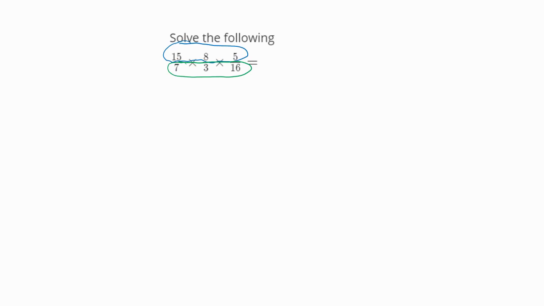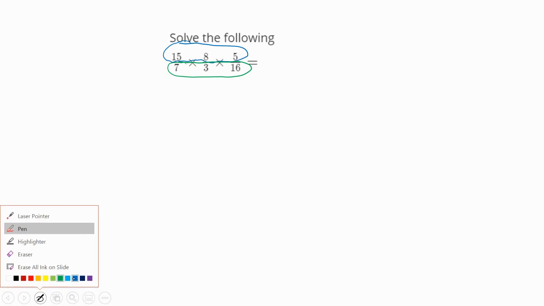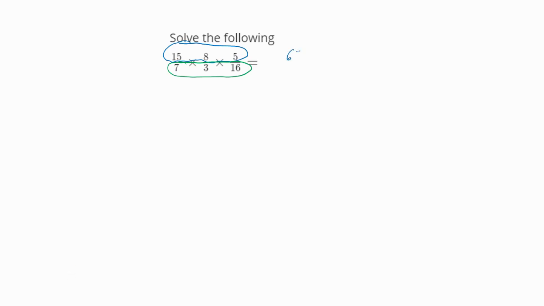I know a lot of you were putting in fractions because that's what they teach you in math, and that's fine. But in chemistry, we prefer to have a decimal because we're usually weighing stuff out on a balance or whatever. So those top numbers multiplied are 600, and then 7 times 3 times 16 is 336.